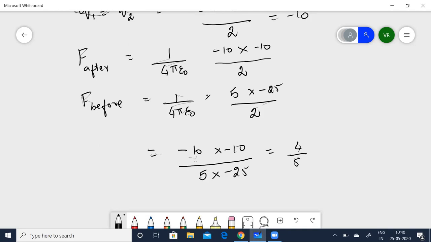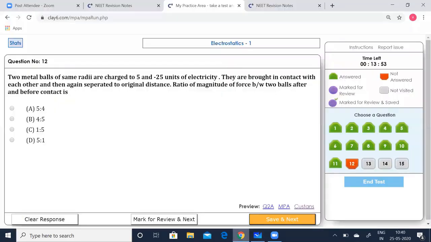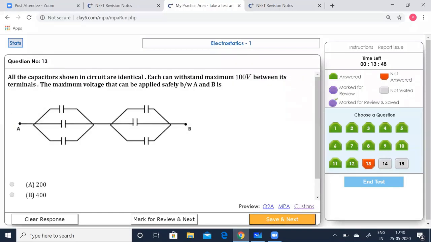Since it's a ratio, we need not bother about the negative sign. So it is a 4:5 ratio. Let's see which option is correct. 4:5 is the correct option. Pick that. Go to the 13th one.